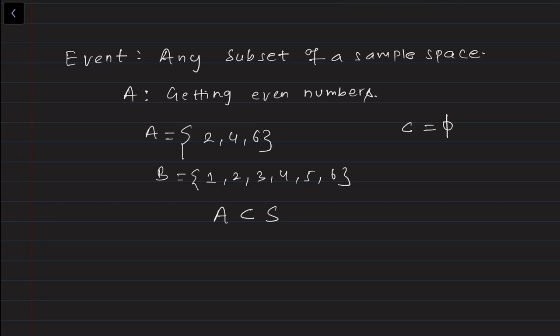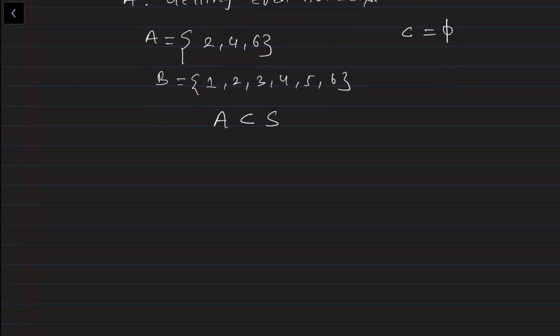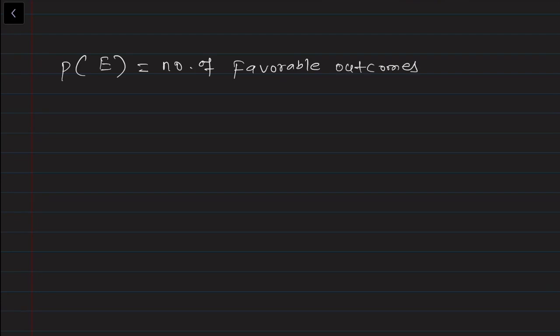Now, what is the probability of an event? So probability of event, let's say E, is simply the number of favorable outcomes divided by the total number of outcomes.